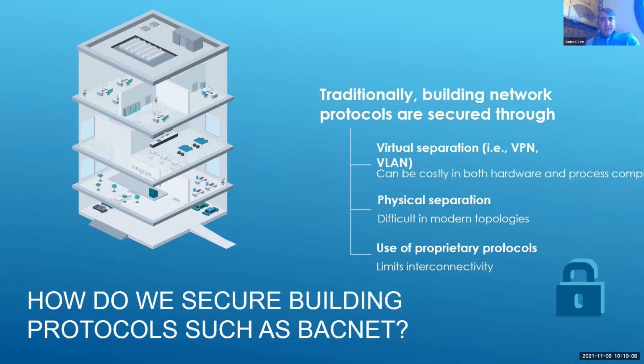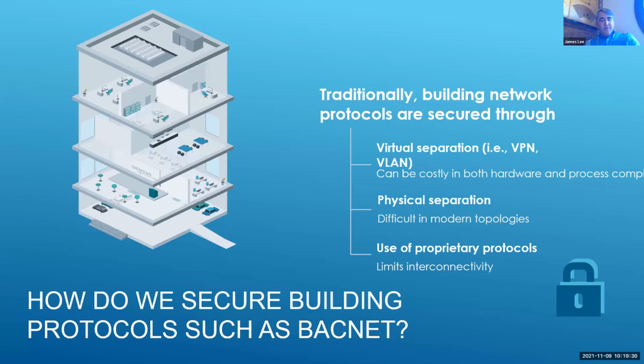Well, originally, the use of proprietary protocols limited interconnectivity. It was almost impossible to communicate outside of a particular manufacturer's system. If you knew the system, you could hack into it, because largely they were not protected. But proprietary protocols kept people out.